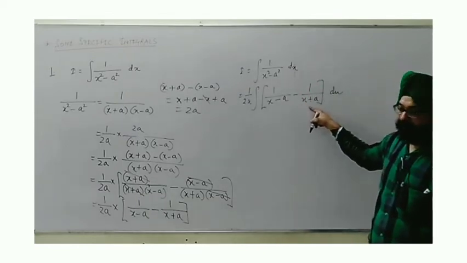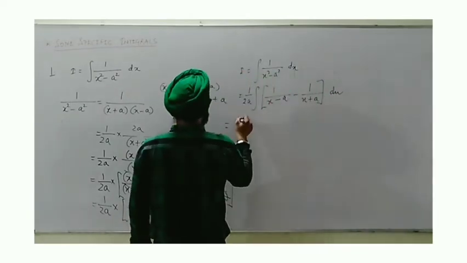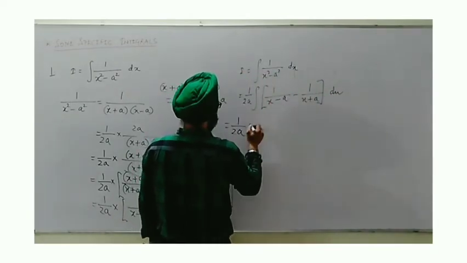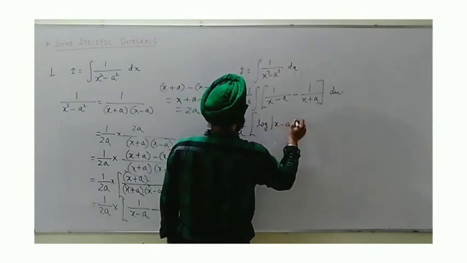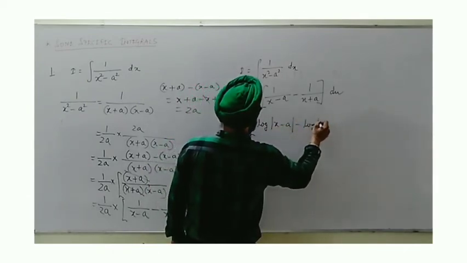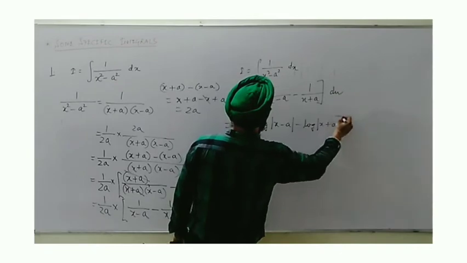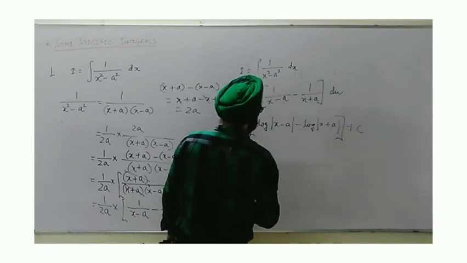If each is integrated, we will find 1 upon 2a as log of mod x minus a minus log of mod x plus a plus c.